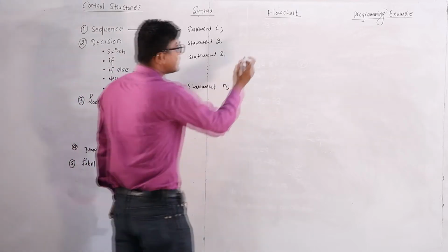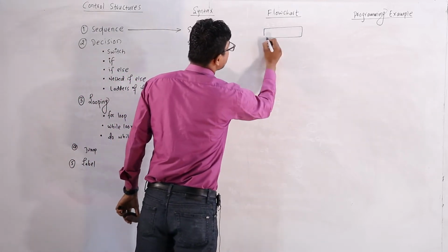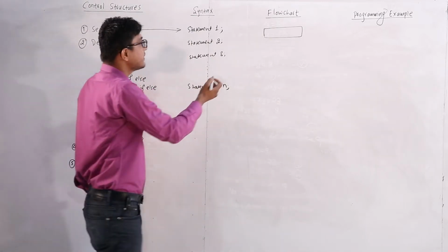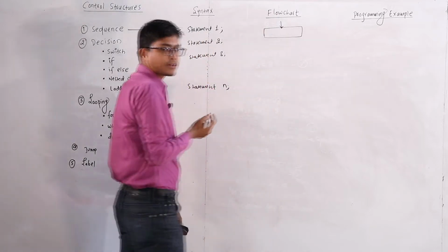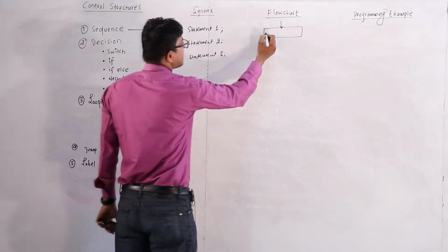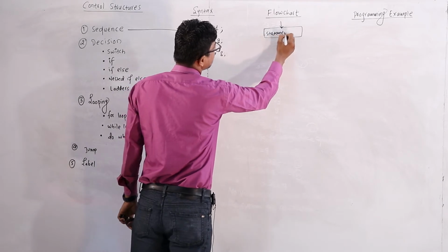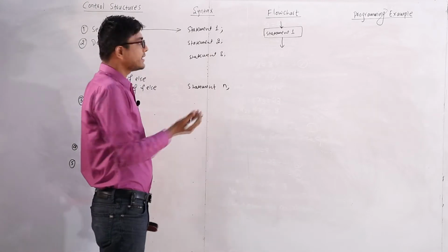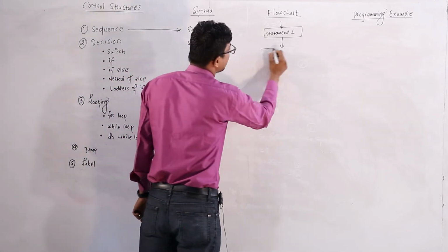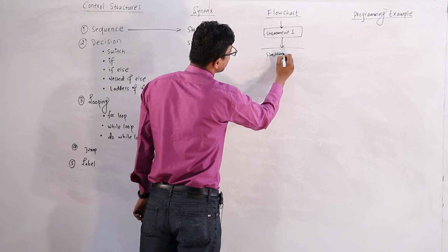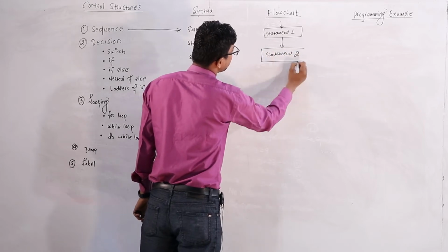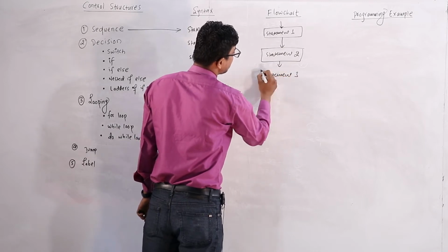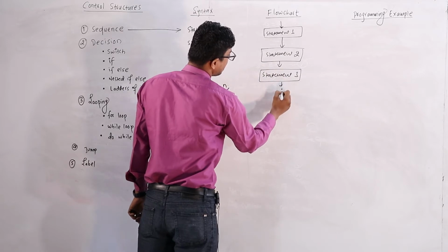Now what is the flowchart? Simple. Flowchart means the pictorial representation of any program. That is statement 1, or you can write instruction also. After statement 1 is executed, what will be the execution? Statement 2 will be executed. So statement 2, statement 3 and so on.